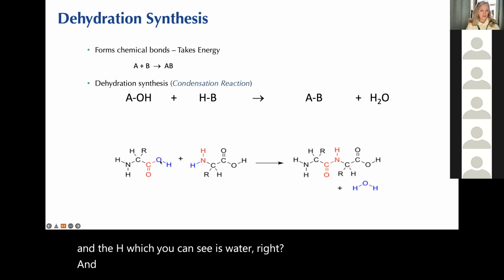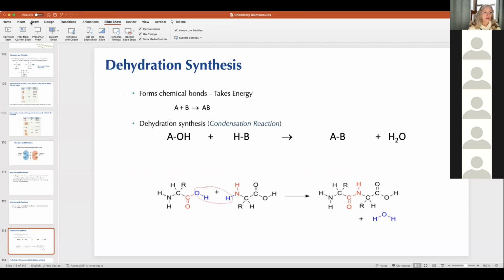So when we go to draw this in, we're going to be removing water right here, and we're going to draw a new bond from this carbon over to this nitrogen. As you can see, right here is that new bond, carbon to nitrogen.